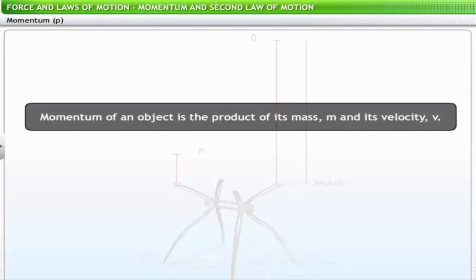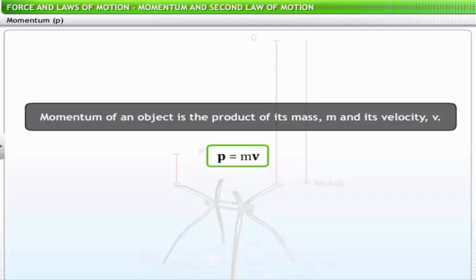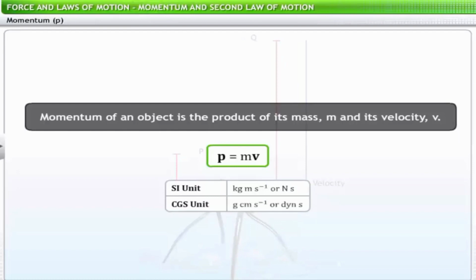It is denoted by the small letter p. Thus, you can express momentum as p is equal to mv. Momentum is a vector quantity. It is measured in kilogram meter per second or Newton second in the SI system and in gram centimeter per second or dyne second in the CGS system.